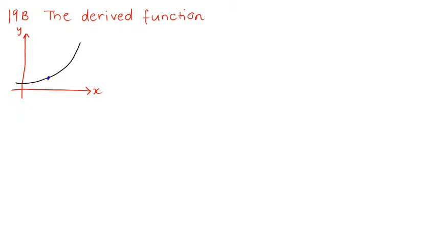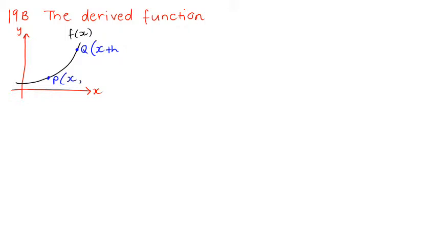We chose 2 points on the line, P and Q. The x-coordinate for P was x, and this one was h units away, so x plus h. And then we found the y value of our function. We'll say this function is just f of x.